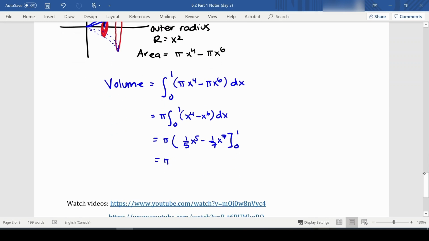This gives me pi times 1 over 5 minus 1 over 7, and then you have minus 0, okay, which gives us pi times 7 over 35 minus 5 over 35, and this gives us 2 pi over 35.